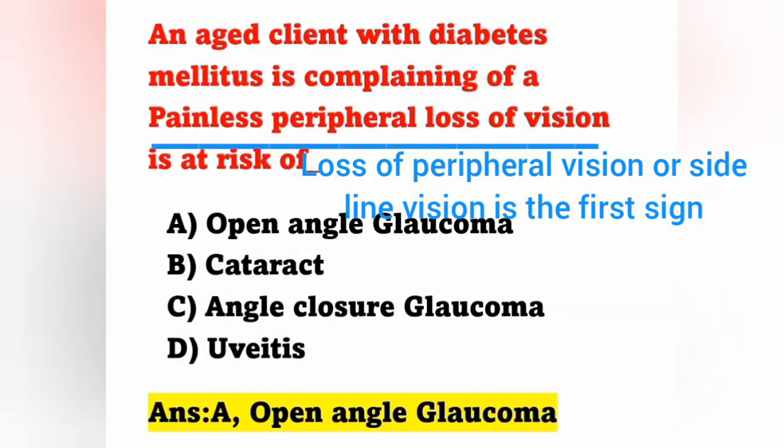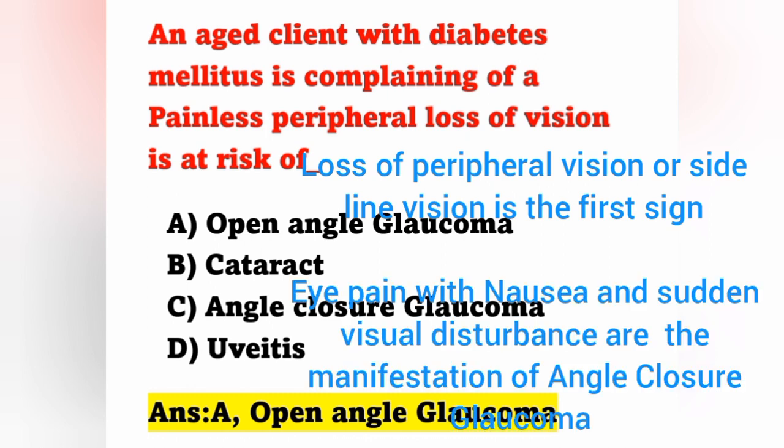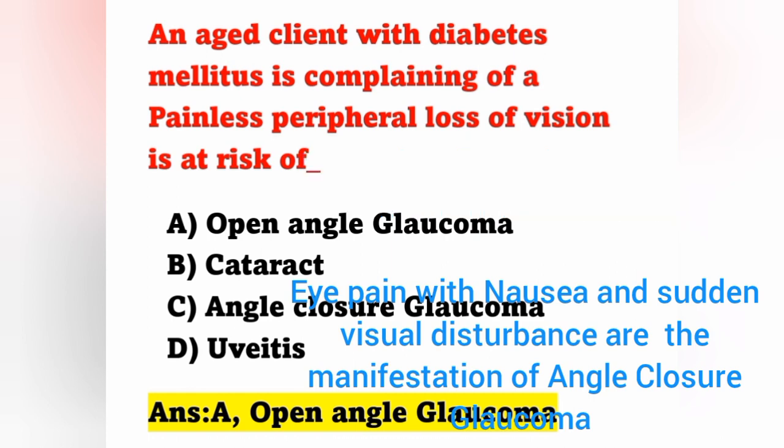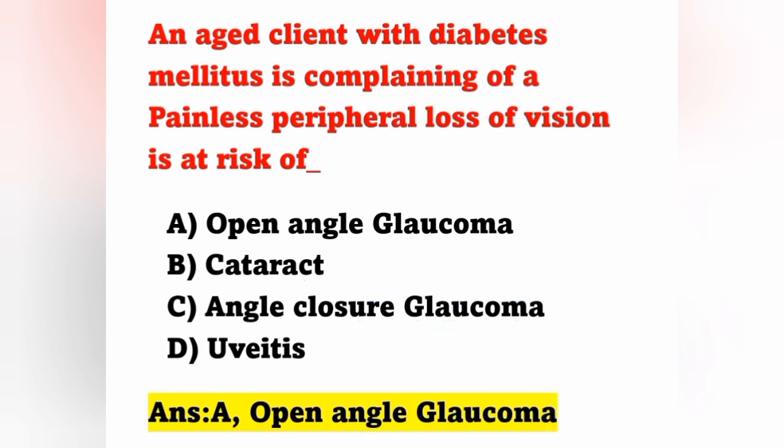Painless loss of peripheral or sideline vision is the first line manifestation of open angle glaucoma. Option C, angle closure glaucoma, is also a type of glaucoma, but eye pain with nausea and sudden visual disturbance will be there in angle closure glaucoma. In open angle glaucoma there will be loss of peripheral or sideline vision.